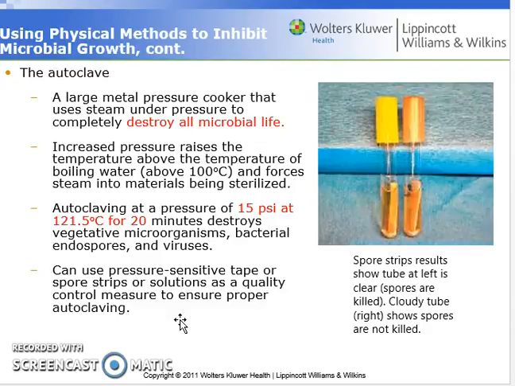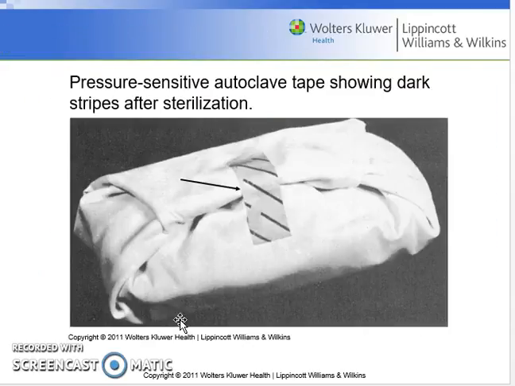And to ensure that your autoclave system is working, we actually use something special called autoclave tape. This autoclave tape, when you put it in the autoclave, is going to be beige with none of these black markings on it. But when you take this tape out of the autoclave, and you affix it to a test tube culture, or a test tube rack, or whatever you're putting in the autoclave, just put a piece of tape on it.